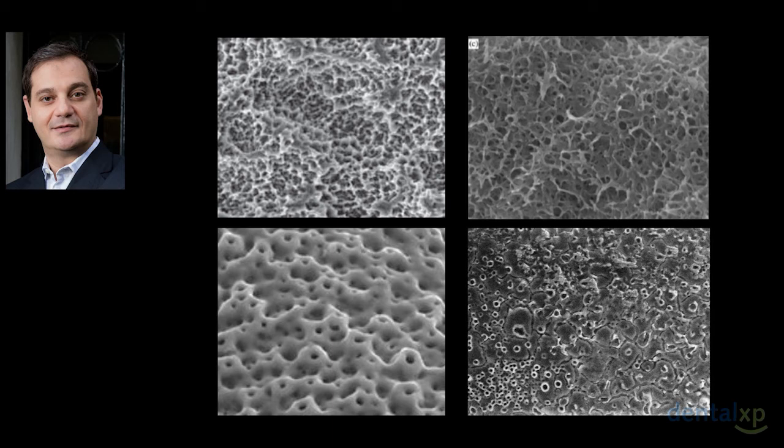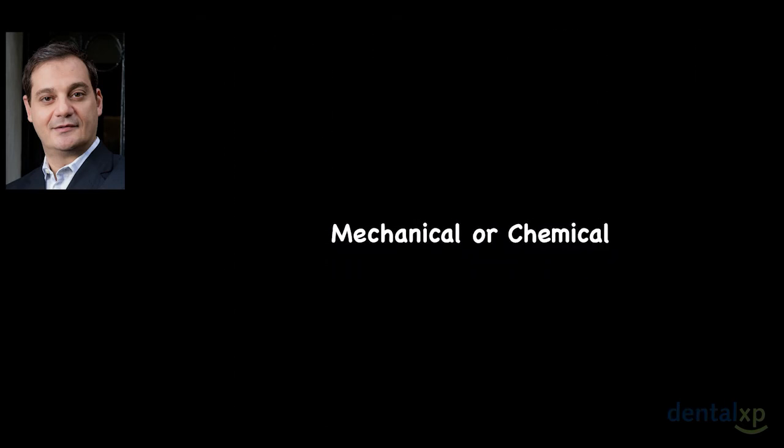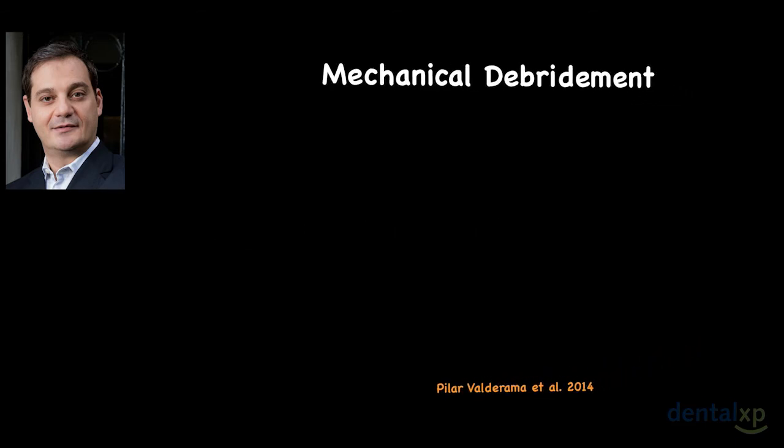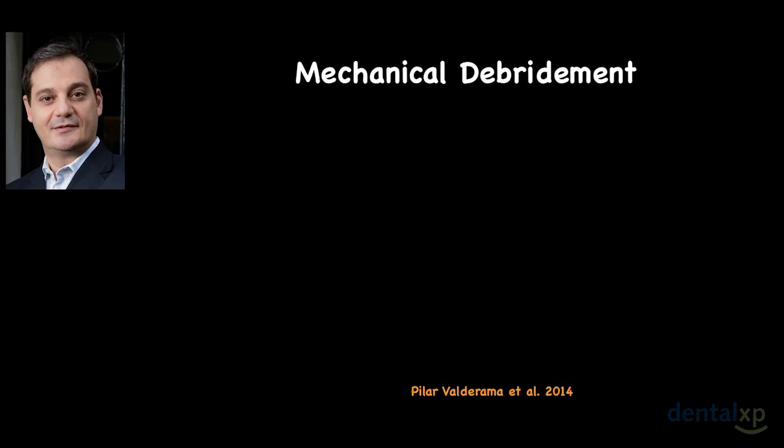So how can you, just by doing a local antibiotic or a little bit of curettage or anything, decontaminate that surface, unless you mechanically remove it? This is why the mechanical and the chemical approaches came about. People said, okay, we can do mechanical or we can do chemical. So let's see what's the truth of all of that.